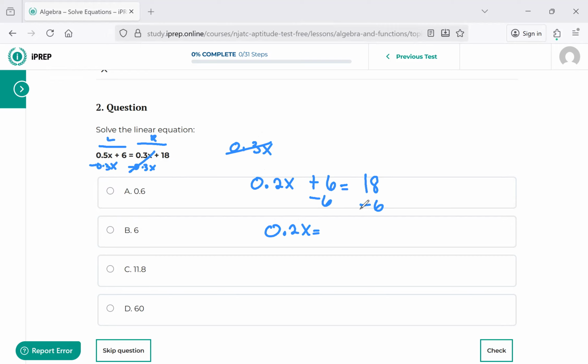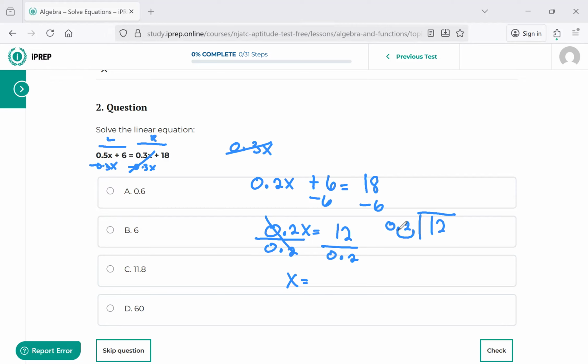And then I'm going to subtract 6 from both sides, and I get 0.2x equals 18 minus 6, which is 12. And then divide this by 0.2. What's 12 divided by 0.2? You can't use a calculator, so how do I do this? You put 12 inside the box and 0.2 outside. You can't leave this as a decimal, so you count how many decimals you have.